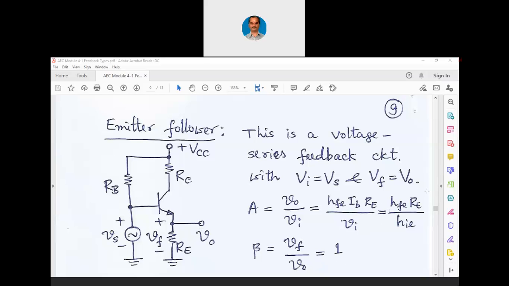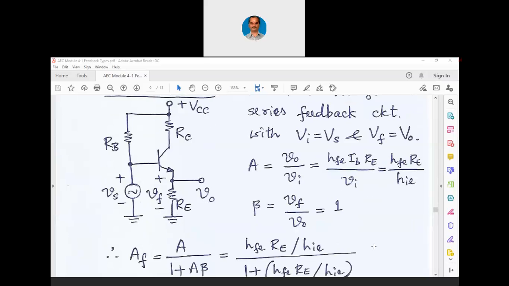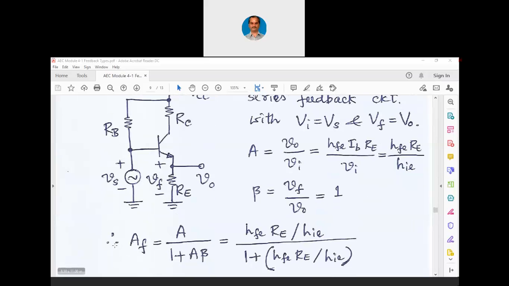Now, we have the expression for A, we have the expression for beta. Let us try to find out the gain with feedback. AF is equal to A by 1 plus A beta. We will arrive at AF equals A by 1 plus A only, right? We will see that. Now, AF is equal to A by 1 plus A into beta, where A is HFE into RE divided by HIE, and beta is 1 only.